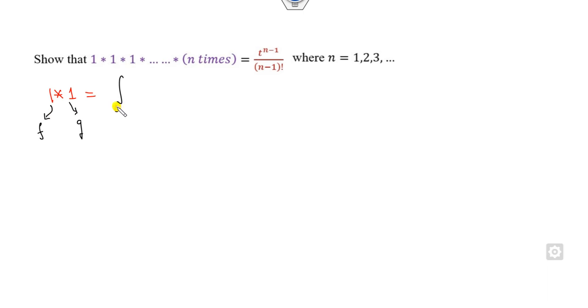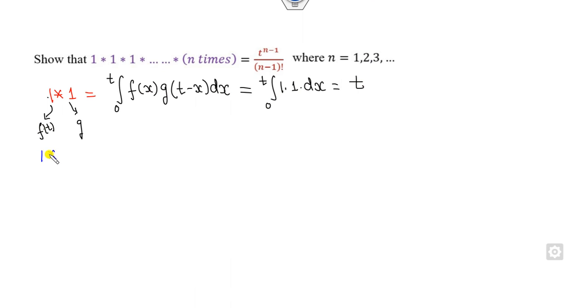The definition is the integral from 0 to t of f of x into g of t minus x. Now if f of t is 1, f of x will be 1, and g is also 1. So what is the integration of this? It's small t.